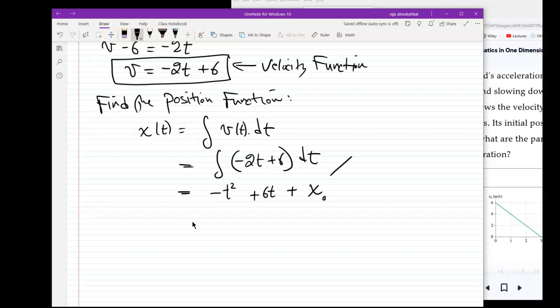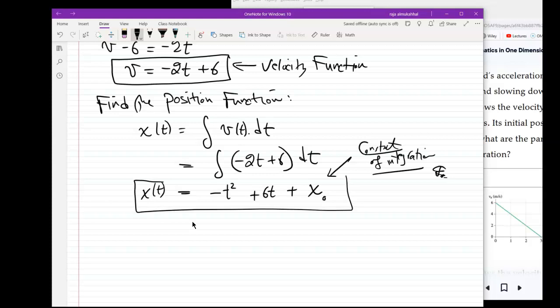That's basically the constant of integration. And if I'm integrating for velocity, it will be something like v naught and so on. Okay, so this is the constant of integration, and I need to find it. I don't know what it is. You see what I'm saying? But that's basically the position function right there.